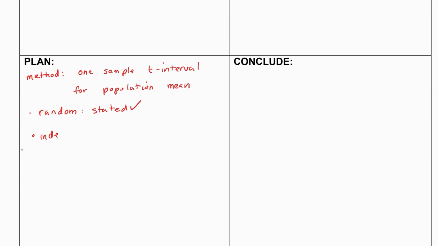There's independent, in which we say n, which is 250, is this less than or equal to 1/10 of our population size?